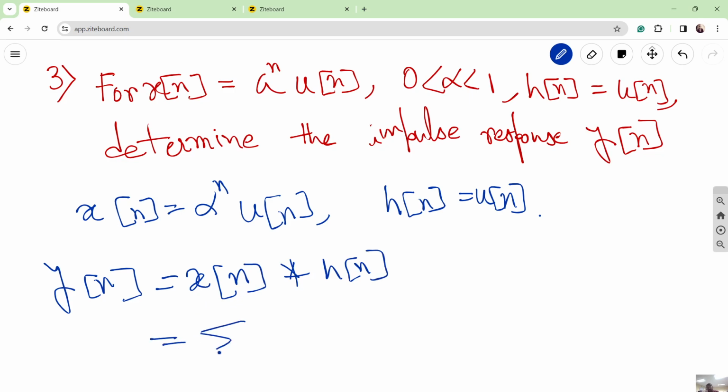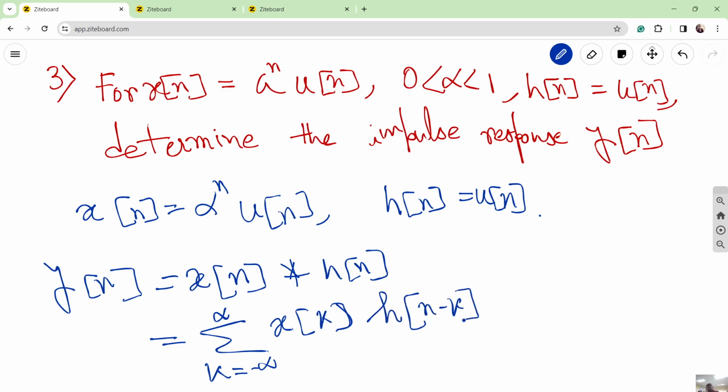This is equal to sum over k equal to from minus infinite to infinite x of k h of n minus k. That equals sum over k equal to 0 to n alpha to the power k.